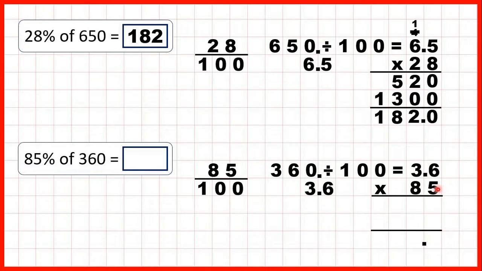6 times 5 is 30, so 30. 3 times 5 is 15, plus 3 is 18.